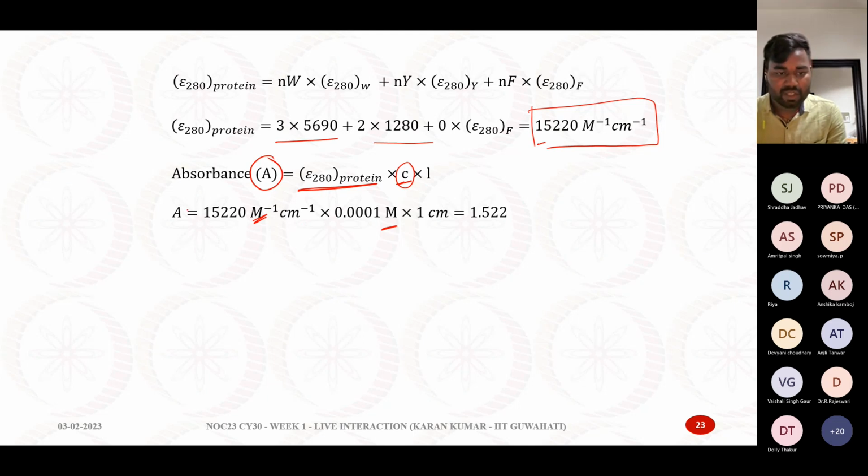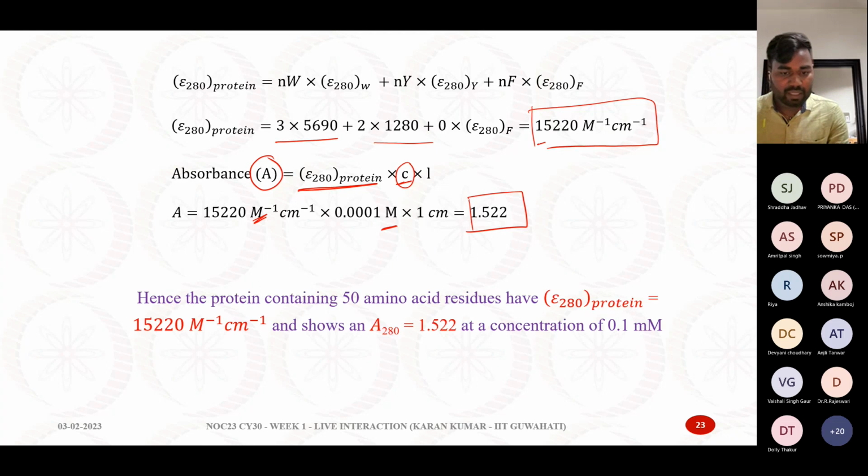Then your absorption will be 1.522. Hence the protein that contains 50 amino acid residues will show this molar absorptivity coefficient, and absorption will be 1.522 at a concentration of 0.1 millimolar.